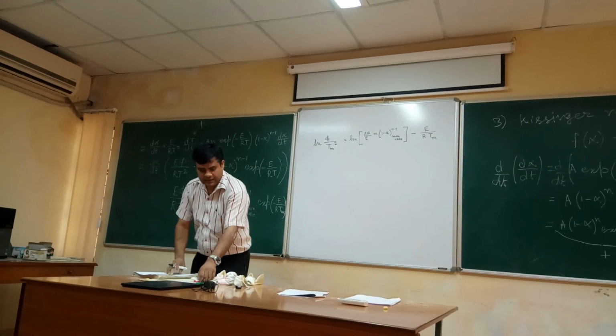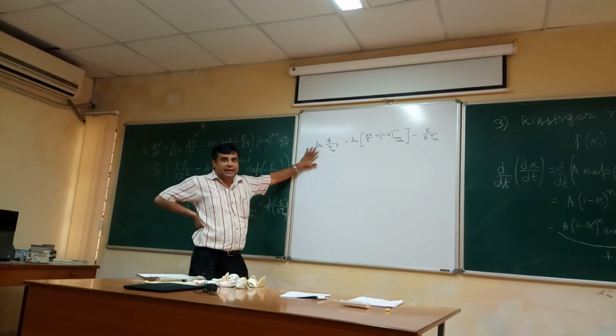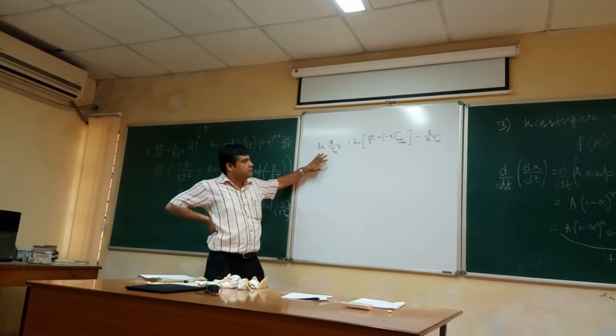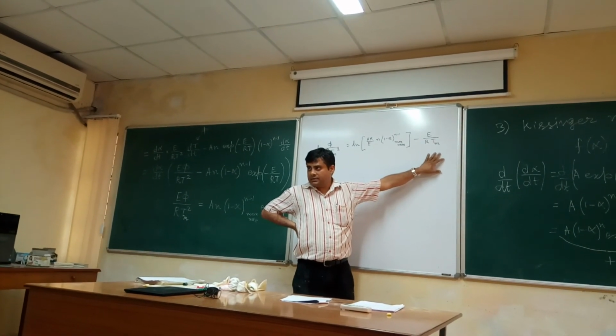What I want to say, if you note this, what you are getting is that if you plot ln phi over Tm square versus 1 over Tm, it will be a straight line.